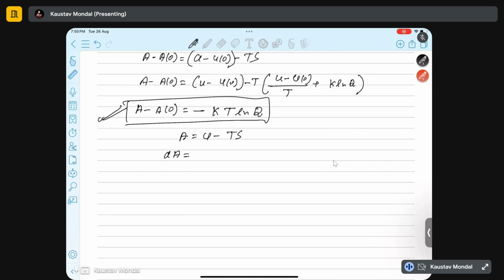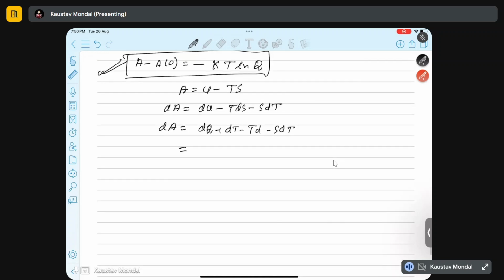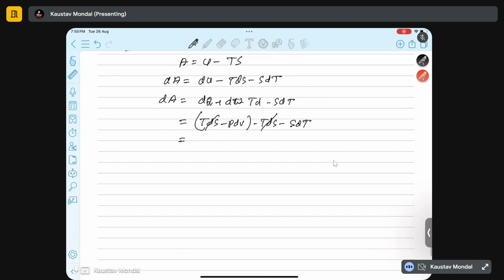So dA is dU minus TdS minus SdT. Now dU is dq plus dw, so dq is TdS and dw is minus PdV, and dU minus TdS minus SdT gives, since TdS will cancel, dA equal to minus PdV minus SdT.